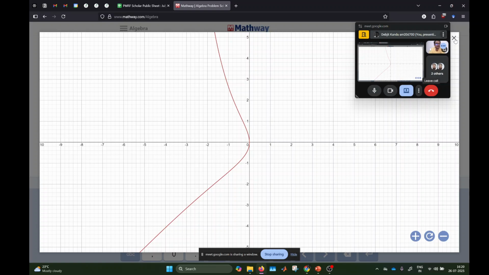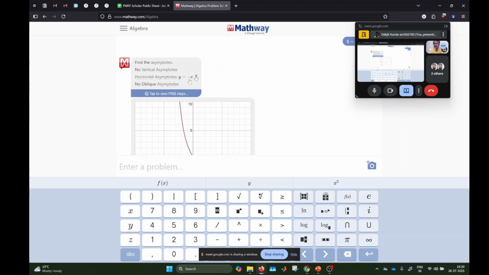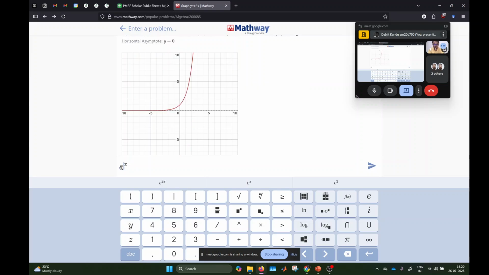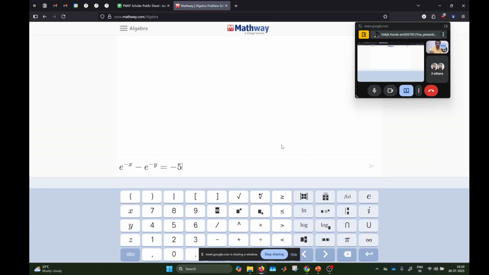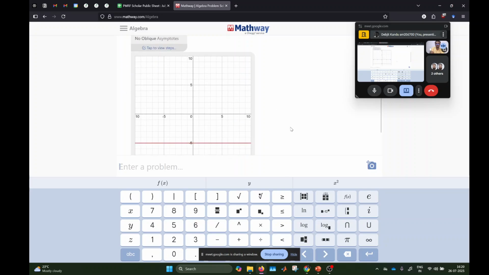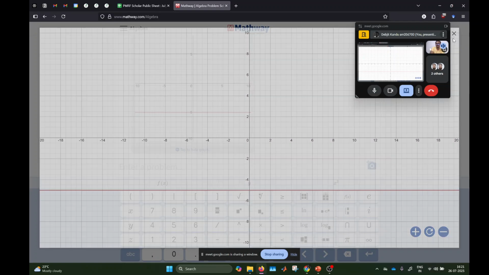Now, if I put this equal to -5, it becomes a straight line like this. I don't know if it's doing it correctly, but anyway, this is not the point.